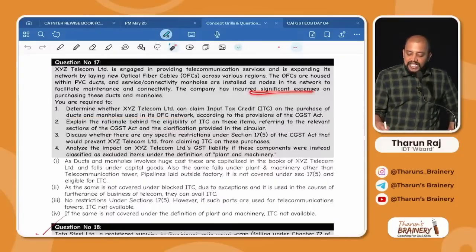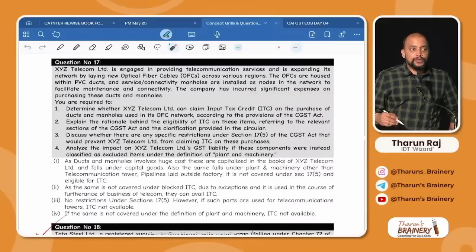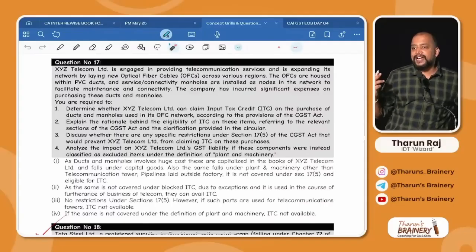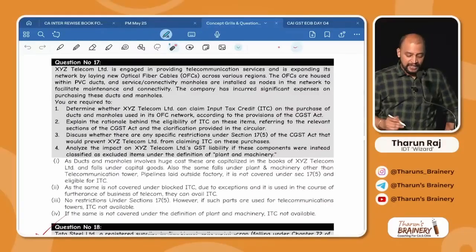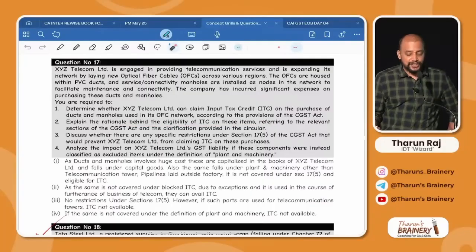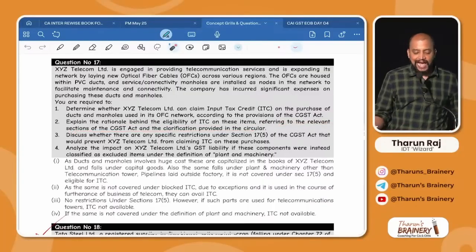As they are incurring significant expense, these are capitalized and these are capital goods. At the same time, this will come under plant and machinery. Therefore, ITC can be availed as per the CBIC circular. Second, explain the rationale behind the eligibility of ITC on these items, referring to the relevant sections of the CGST Act.